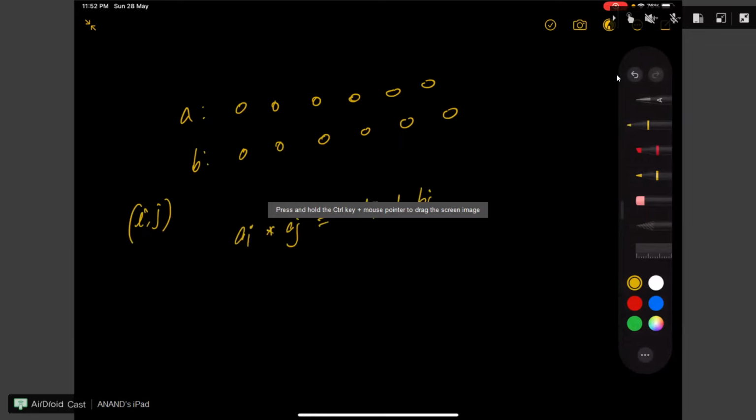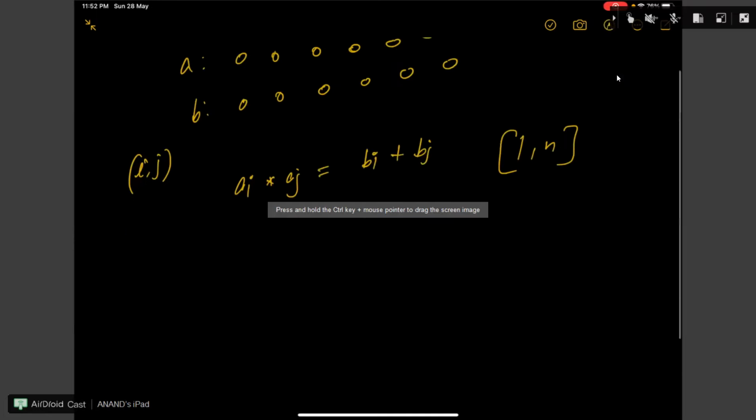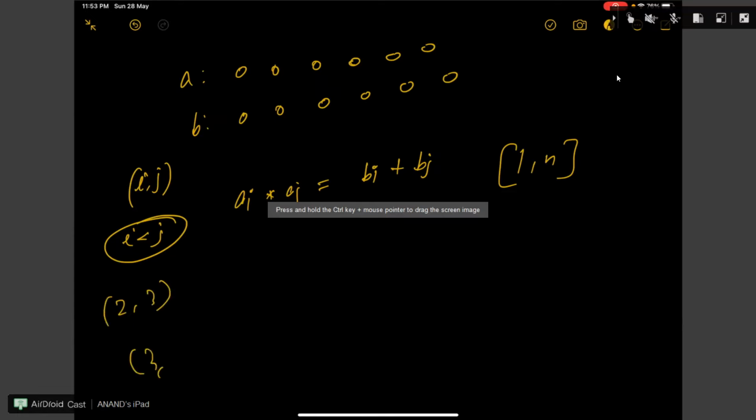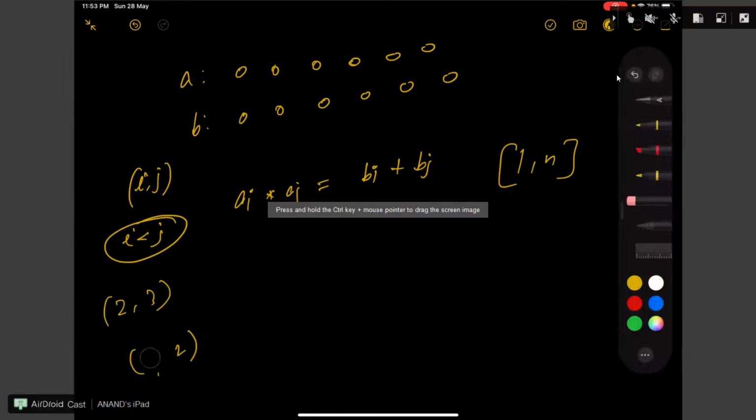And it's given that all of these elements lie in the range 1 to n. And it's given i is less than j. This basically means that you should not count the same pair twice, so 2 3 is the same as 3 2. Okay, that's it.